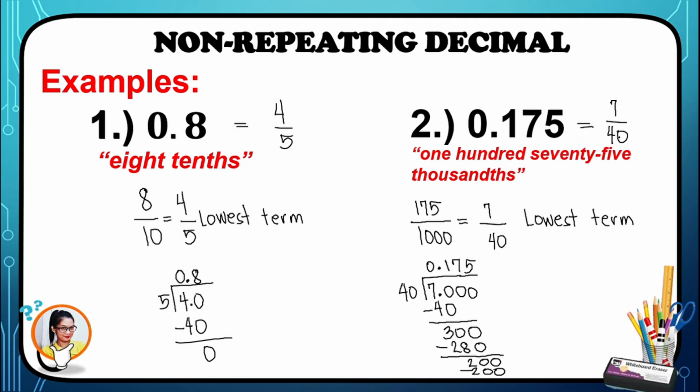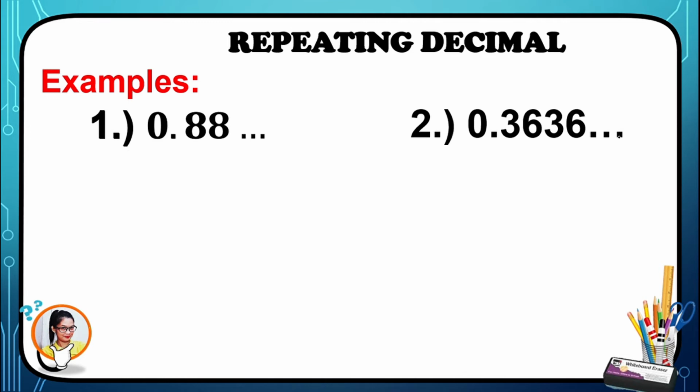What if we're going to convert repeating decimal? A while ago, we were converting non-repeating. This one is repeating, which means there is or there are digits that keep on repeating. For example, number 1, 0.88, which means it is 8 that is repeating.